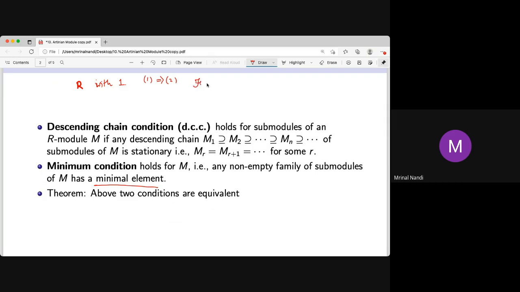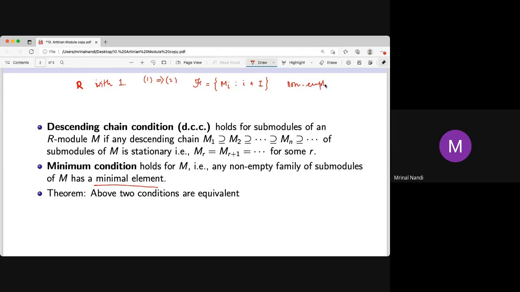Take F to be a family of submodules M_i, with i in some index set I, and let it be a non-empty family, so at least one element must be there.